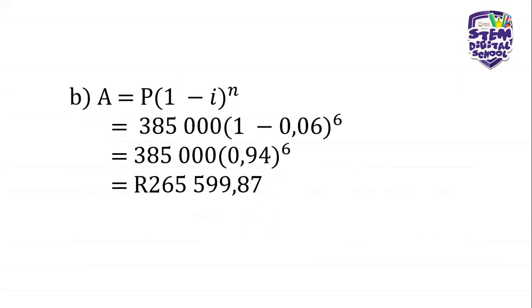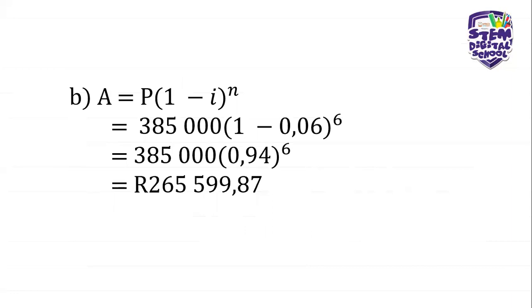You can tell once more that A is equal to P open bracket 1 minus i, and then all to the power of n. So at this point, the n becomes the exponent as opposed to the coefficient of i.